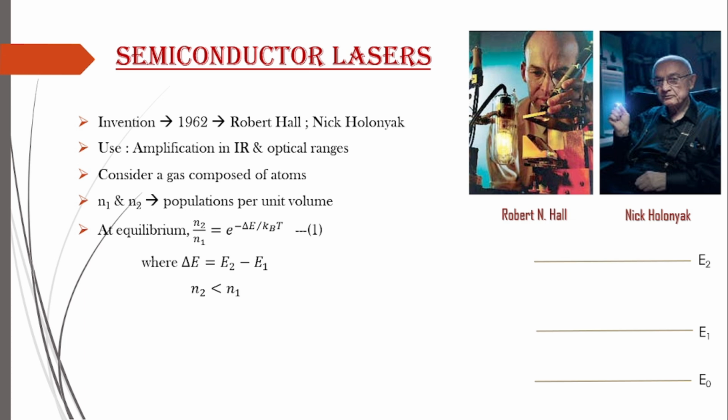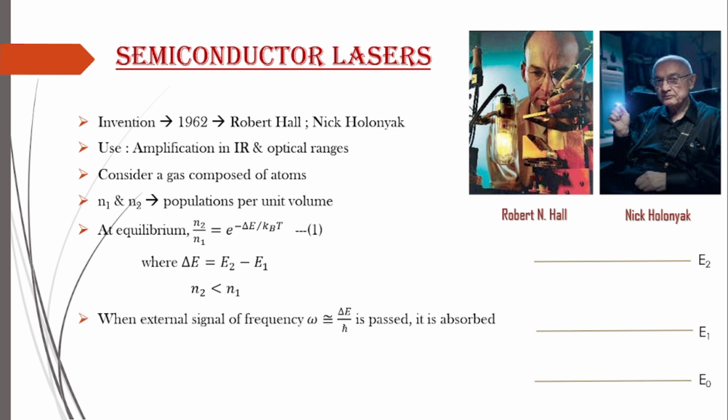Stimulated emission means there has to be something which brings some electrons from the lower energy state to the higher energy state. That is, our aim is to make N2 comparably greater than N1 so that laser action is possible.